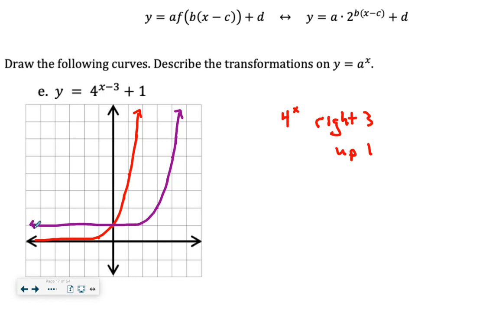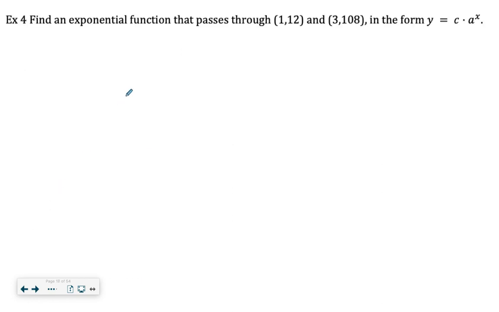Okay? So let's now talk about this example problem. We want to find an exponential function that goes through these 2 points. And they tell us it's going to be in this form, y equals some number c times a to the x. To do a problem like this, I'm going to plug each of these points into my function separately for x and y.